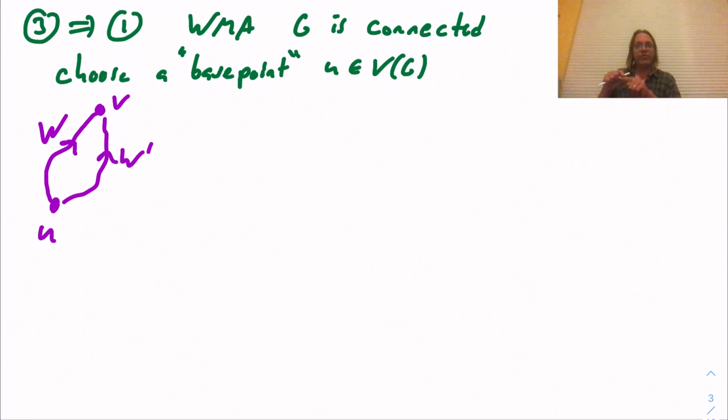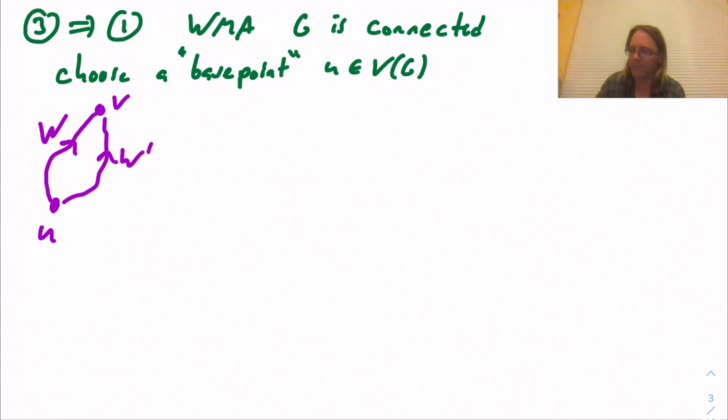Now, if you make this closed walk by going out along w and then back along w prime, and this walk has even length, that means that w and w prime have lengths of the same parity. They're either both even or both odd, right? Because the length of w plus the length of w prime is going to be an even number.